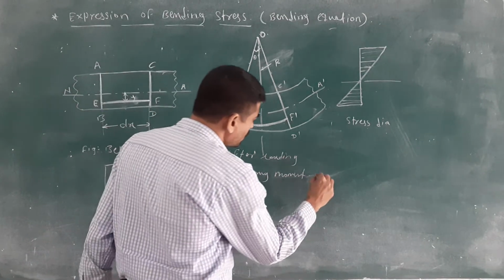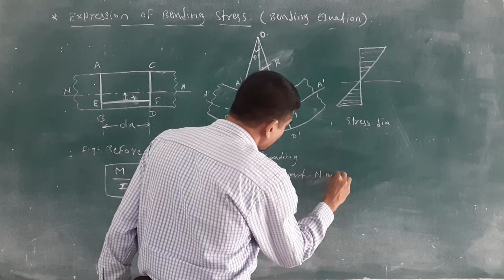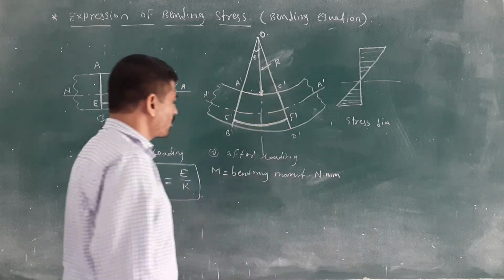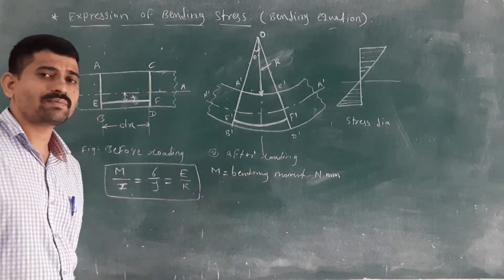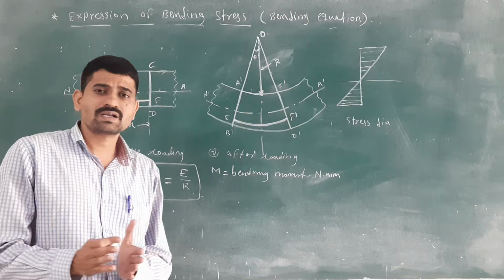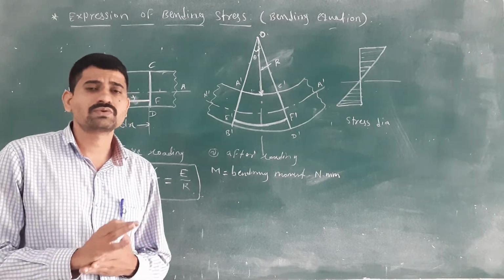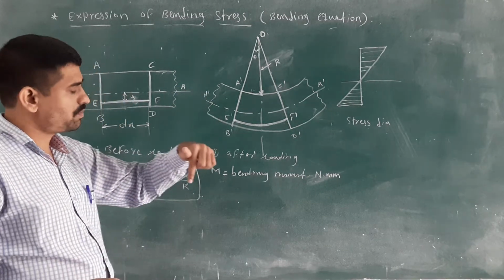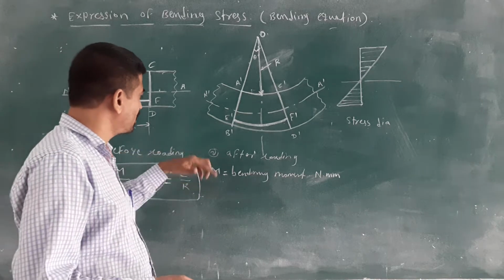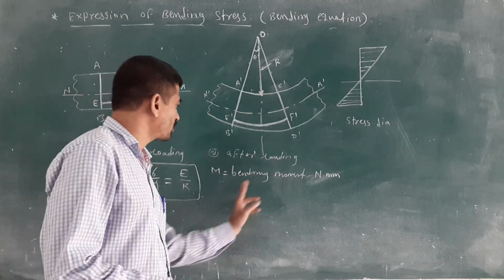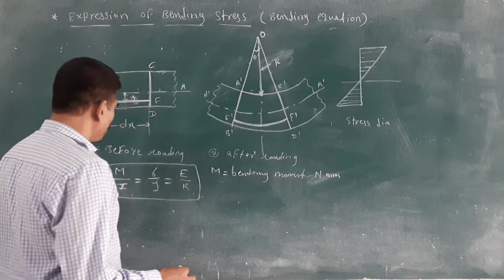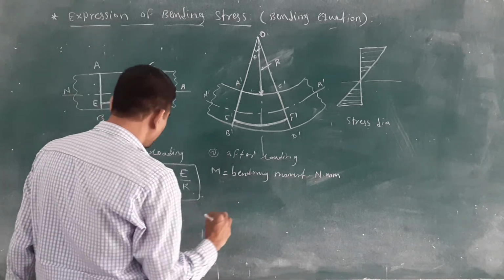It is given in Newton meter, or Newton mm. How to calculate that bending moment? The moment is nothing but force into distance. When you apply any force on the given component, that into the distance is the bending moment. This is in Newton mm.